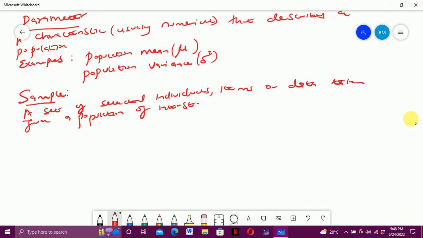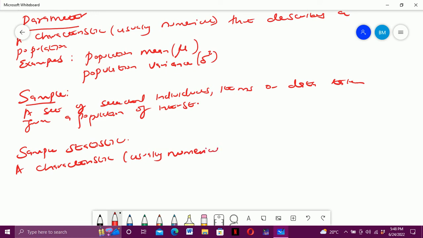Now, with regard to a sample, we have what we call a sample statistic. A sample statistic is a characteristic, usually numerical, that describes a sample.